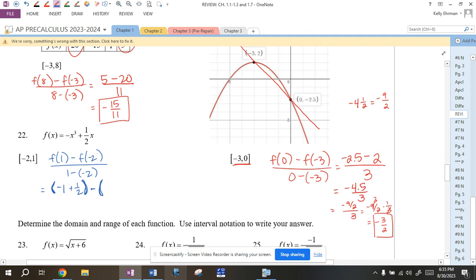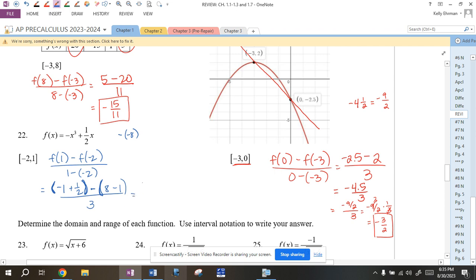If I plug in negative 2, now cubing negative 2 is negative 8, but then there's a minus sign in front, so you get positive 8. And then we plugged in negative 2, so plus 1/2 times negative 2 is minus 1, all over 1 plus 2, which is 3.